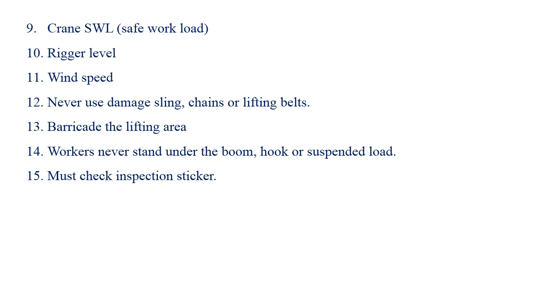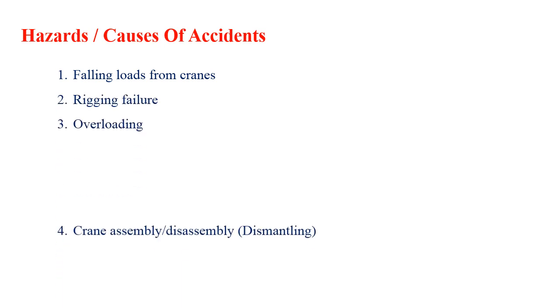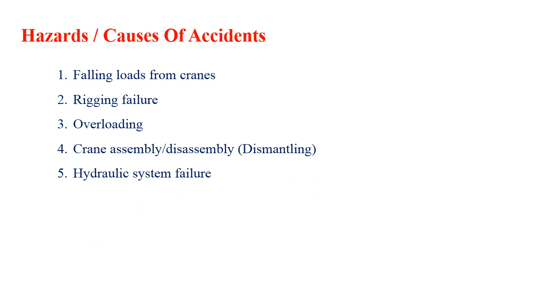Must check inspection sticker. Must check operator rigger license. Lifting plan. Hazard causes of accident: falling off load from cranes, rigging failure, overloading, crane assembly, disassembly, dismantling. This is for tower cranes, hydraulic system failures, overhead power lines, non-impact on soil.